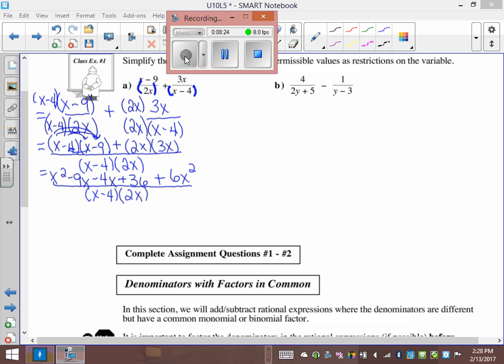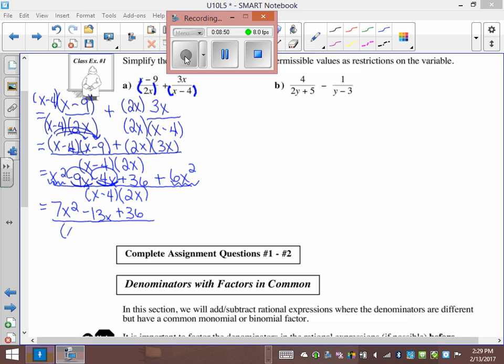What's my last step to do once I've distributed? Collect like terms. So I'm going to get x squared plus 6x squared is 7x squared. Minus 9x minus 4x minus 13x. I put these together. And then I just have the 36, so plus 36.